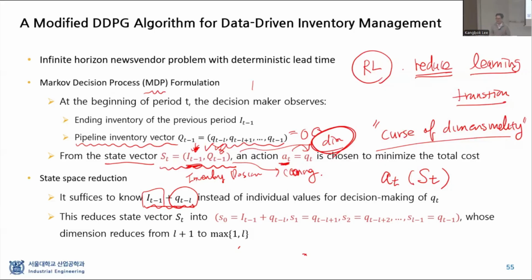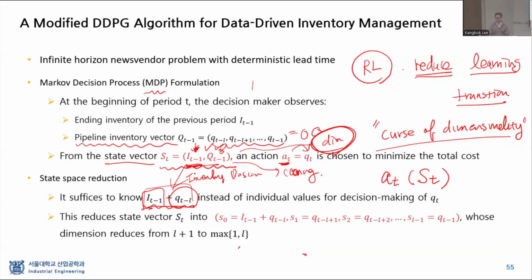the multi-period newsvendor type of inventory problem. This kind of technique is quite typical in any reinforcement learning technique. By just using this instead of this, we can reduce the dimension of the state a lot.